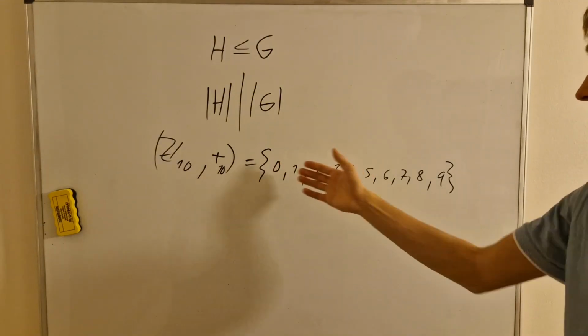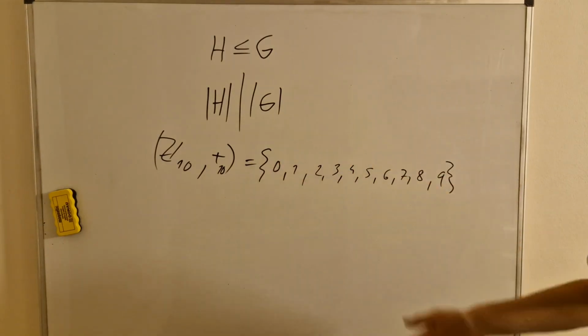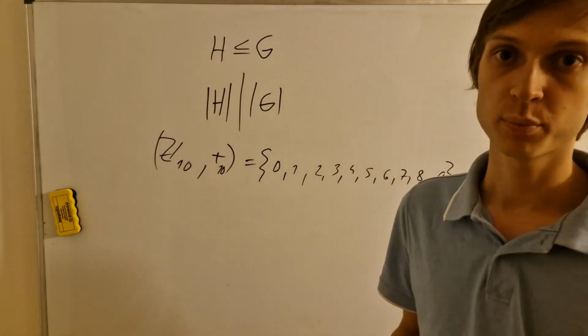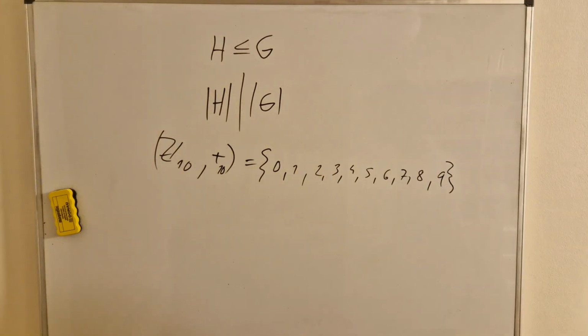Whenever I add some of these numbers, I divide by 10, and the remainder is the result of the operation.